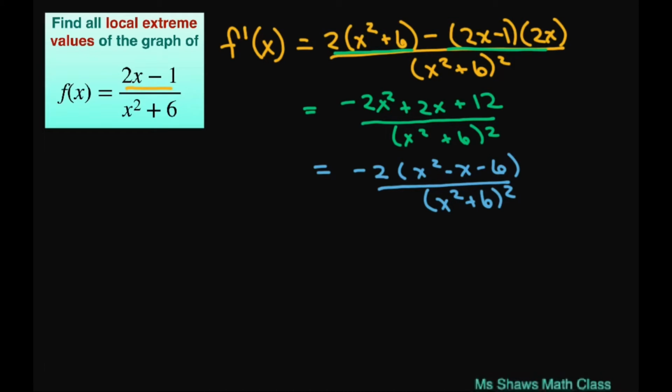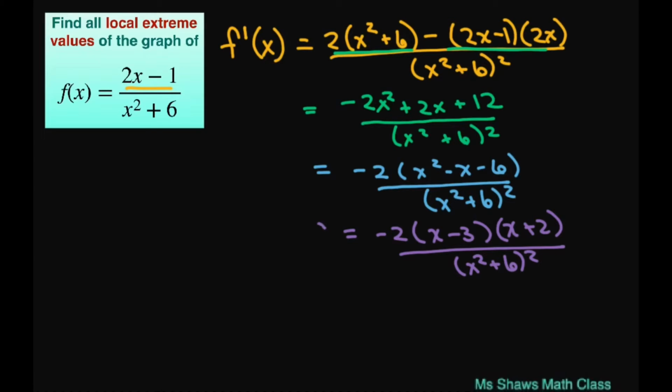And then let's factor one more time. This is going to give you negative 2 times (x minus 3) times (x plus 2), all divided by (x squared plus 6) squared. Now we want this to equal 0. So basically, all we have to do is look at this numerator and set f prime of x equals 0.